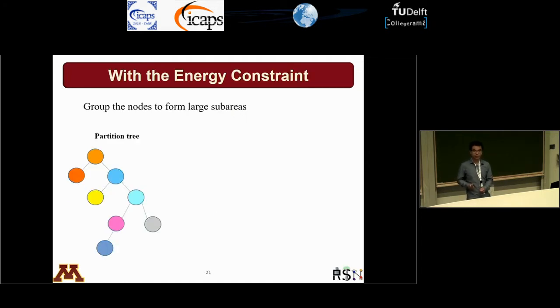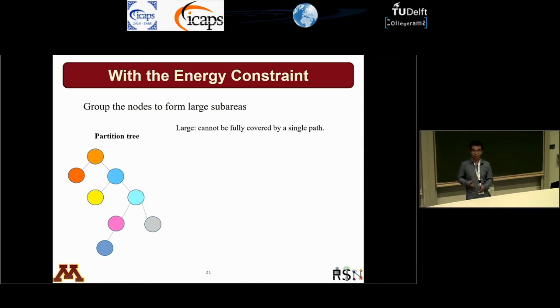Now, can we directly apply this motion pattern to this partition tree? The answer is no, because some nodes can be very small and covered within a single pass. In this case, when the robot transits from node to node in this partition tree, it will lead to many revisits. So the idea here is that we need to group the nodes to form large sub-areas.